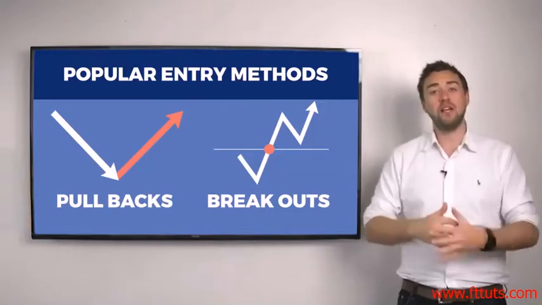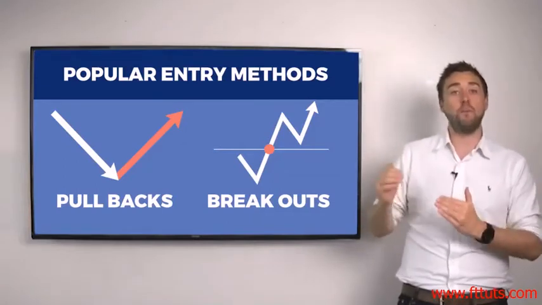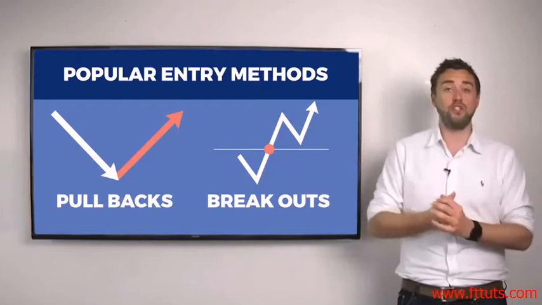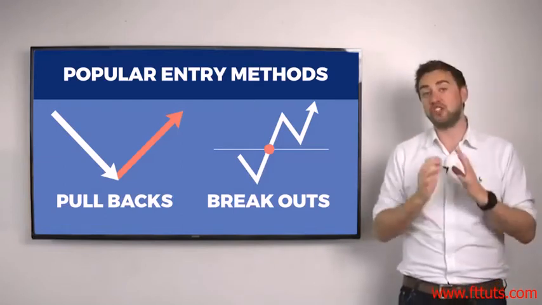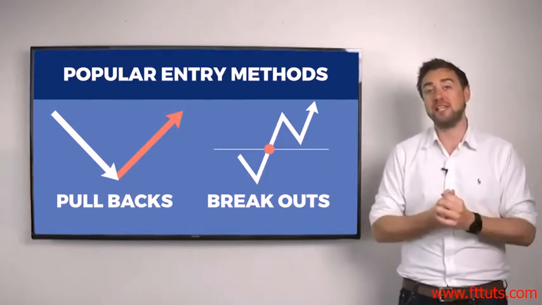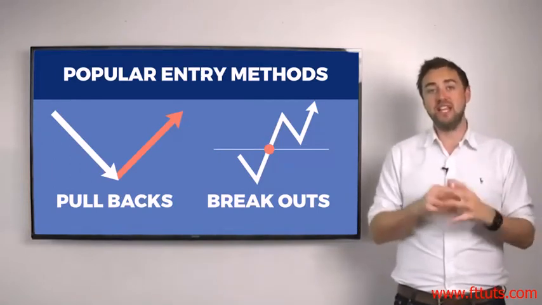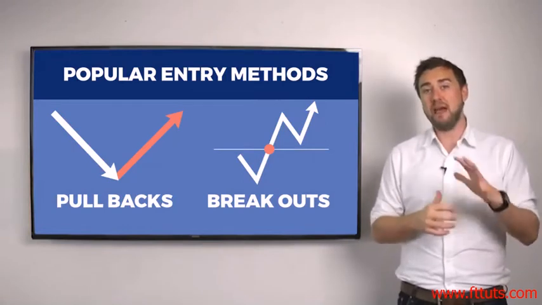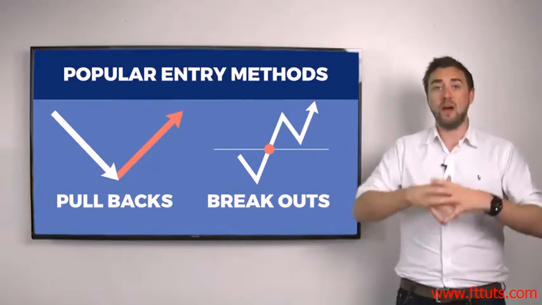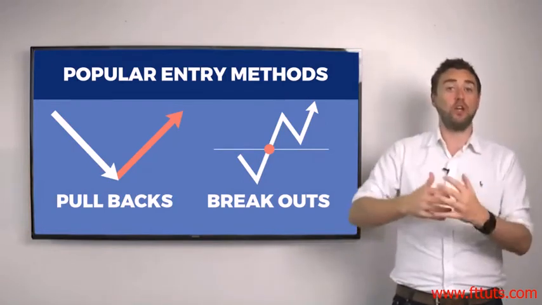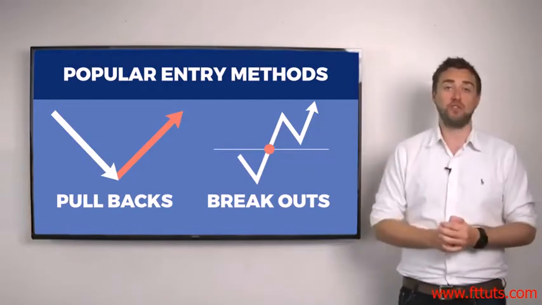For breakouts, simple areas such as the high and low of the previous or current session are often used. This is very simple yet extremely effective when your fundamental analysis is good. For pullbacks, a common method is to look for recent levels of support and resistance, maybe even a good confluence of things where these support and resistance levels line up with things like pivot points and Fibonacci retracements.